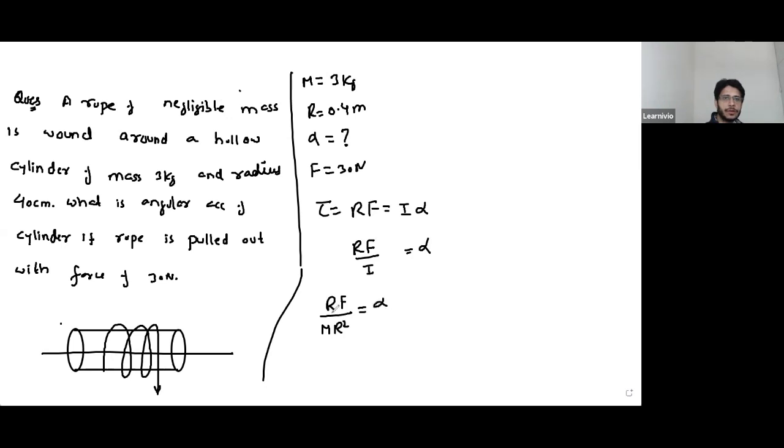This R can cancel this square, so you're left with alpha is F by mR. So it comes out to be, your force is 30 Newton, your m is 3 kg, the radius is 0.4. So it's 30 by 0.4, which is 25 radian per second square.